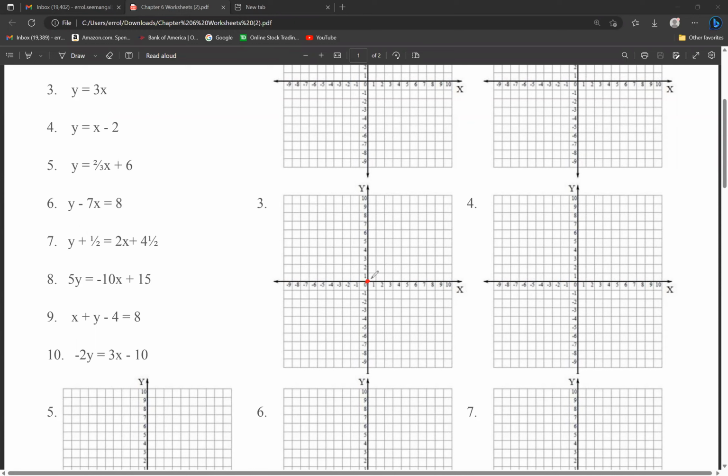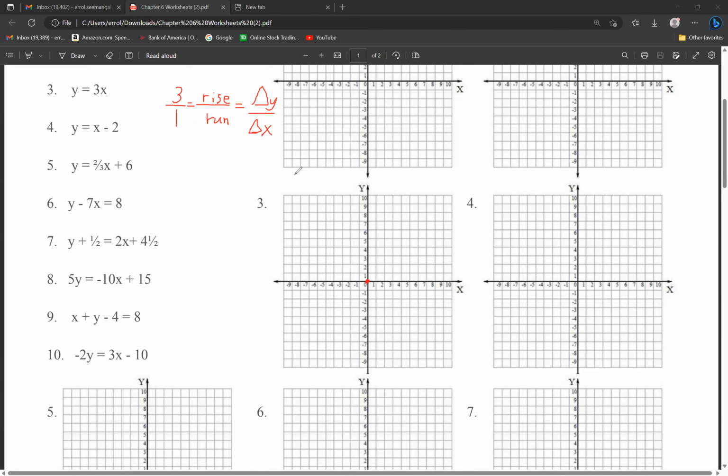3 up. 1, 2, 3. And then 1 to the right. So remember, 3 is the same thing as 3 over 1, right? So this is the rise, that means up or down, and this is the run, that means left or right. So rise is the change in the y value over the run, which is the change in the x value.